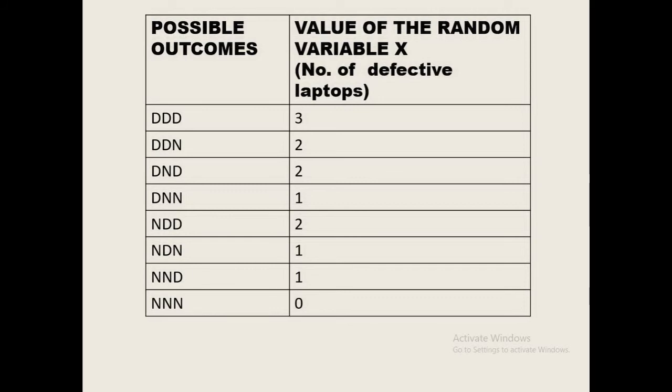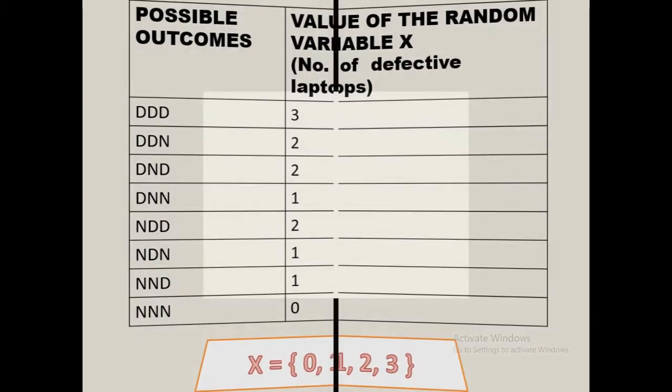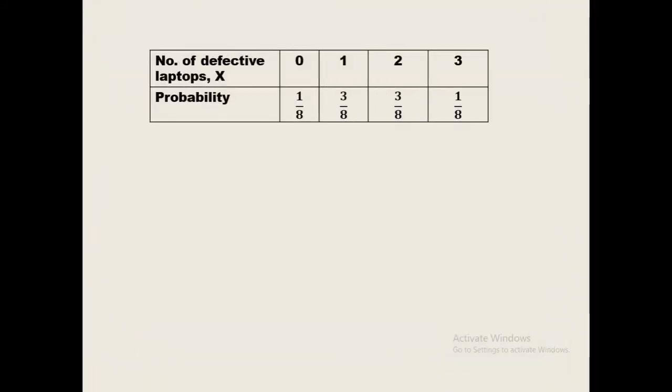DDD 3, DDN 2, DND 2, DNN 1, NDD 2, NDN 1, NND 1, NNN 0. So the values of the random variable x are 0, 1, 2, and 3. And here is the probability distribution. And below is the histogram.